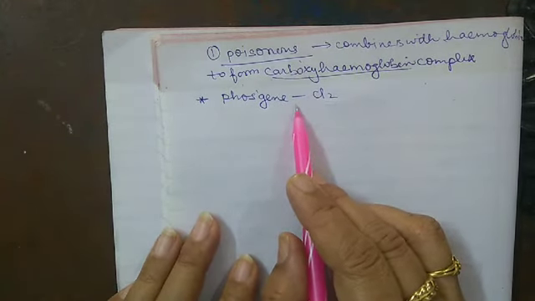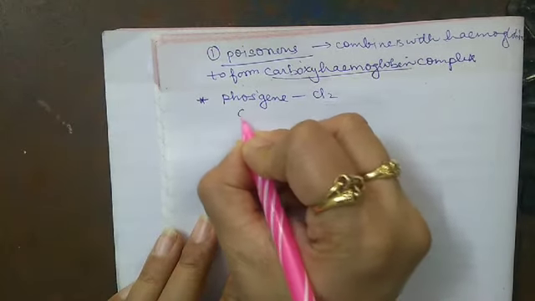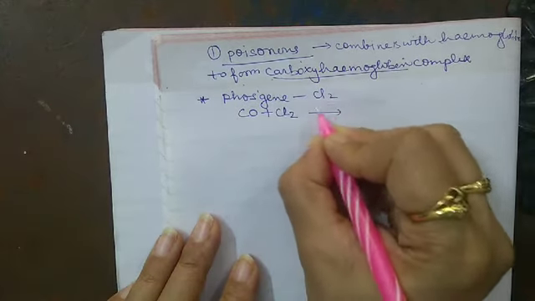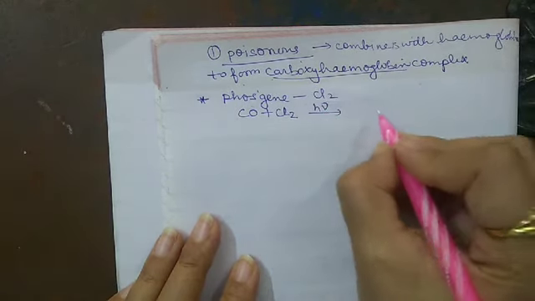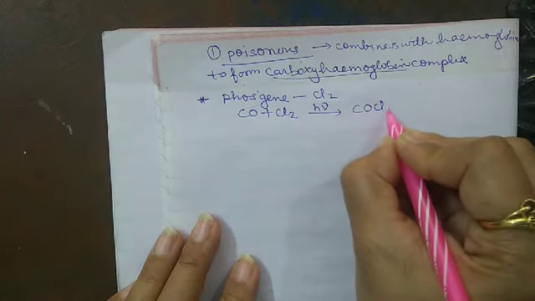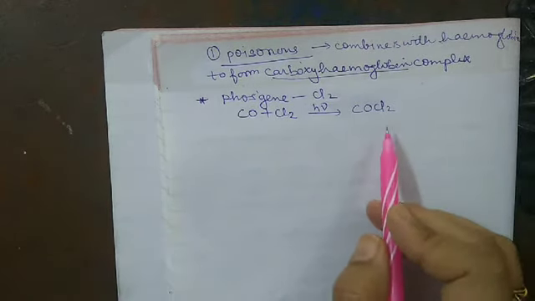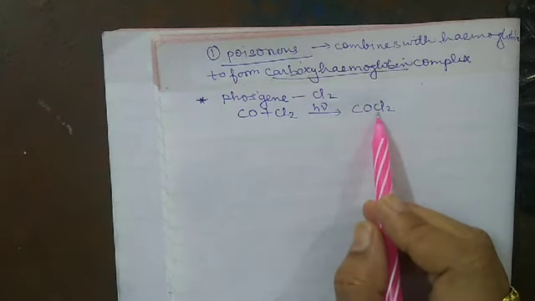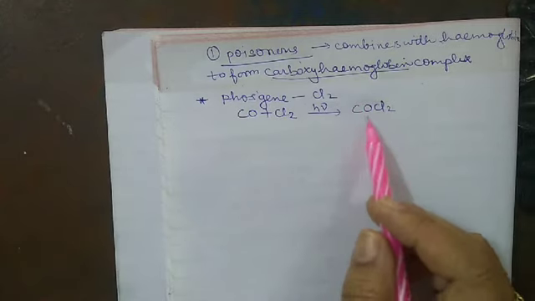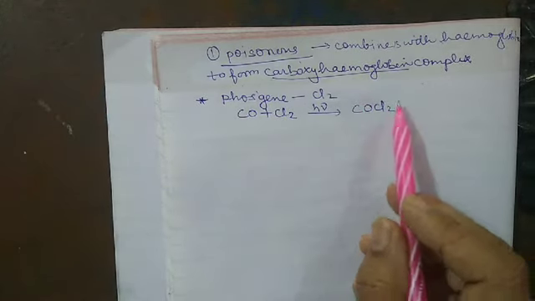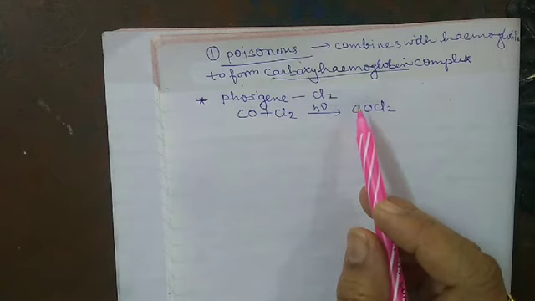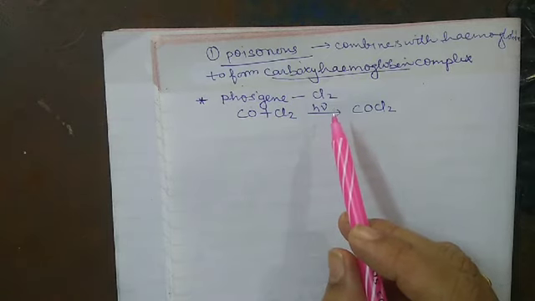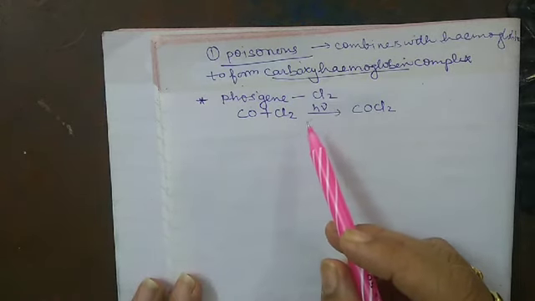That is, carbon monoxide when combined with chlorine in the presence of sunlight gives COCl2, and this COCl2 is known as phosgene, and it is also poisonous in nature. So these are the important chemical properties of carbon monoxide.